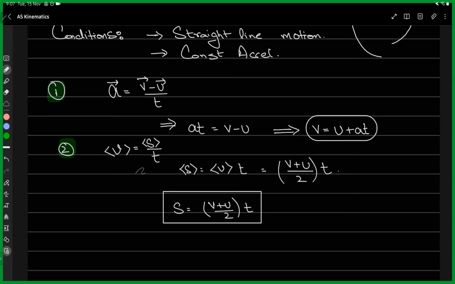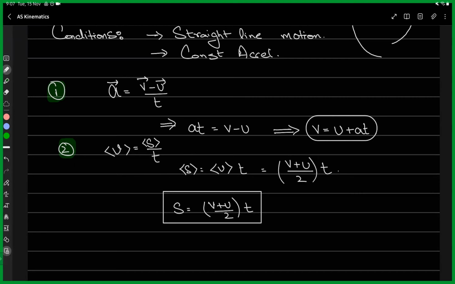The second equation of motion comes from the fact that the average velocity is just the average displacement per unit time. So you can rearrange this such that the displacement is equal to the average velocity times time.